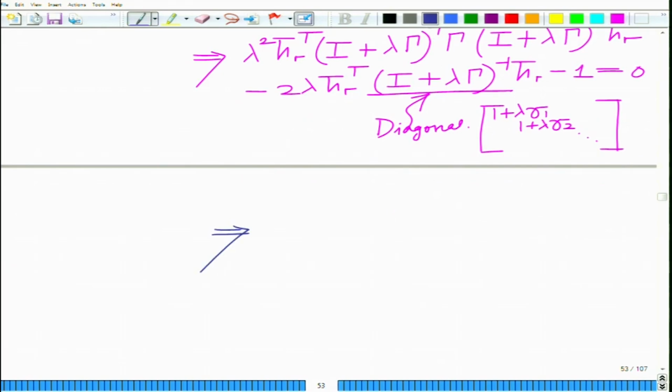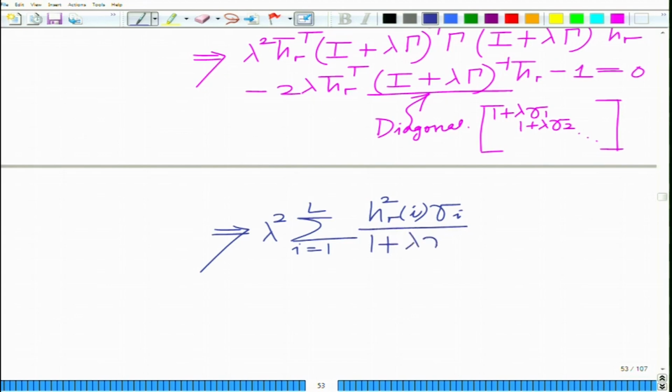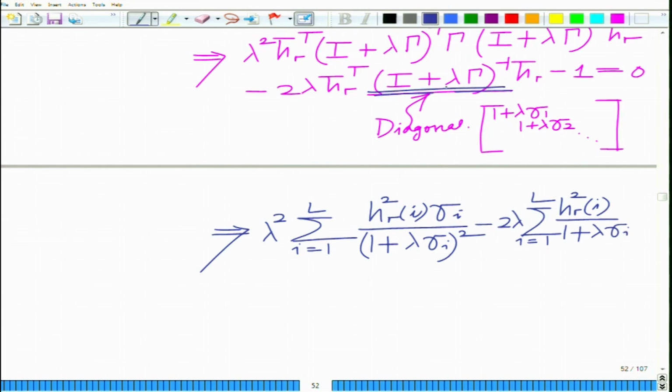Once you simplify it, you get the final equation for the Lagrange multiplier lambda, and that is given as: lambda square, summation i equal to 1 to L, H R i square, this is the ith component of the vector H bar R, times gamma i, divided by 1 plus lambda gamma i whole square, minus twice lambda, summation i equal to 1 to L, H R i square divided by 1 plus lambda gamma i, minus 1 equal to 0. All the 1 plus lambda gamma i terms are coming from the I plus lambda gamma inverse.